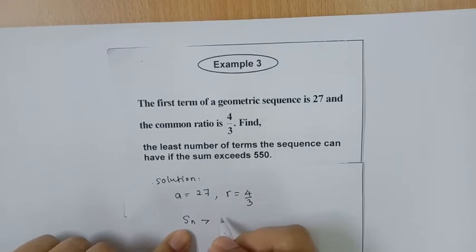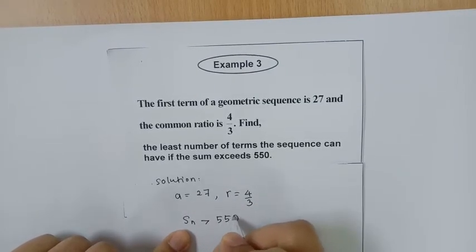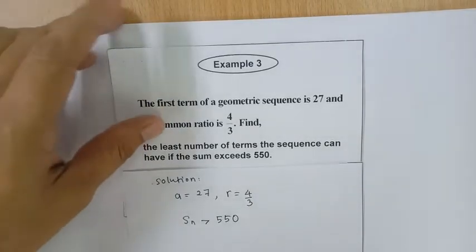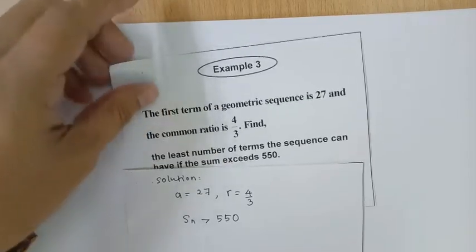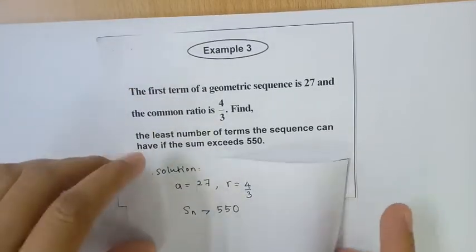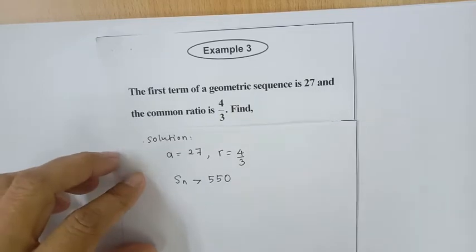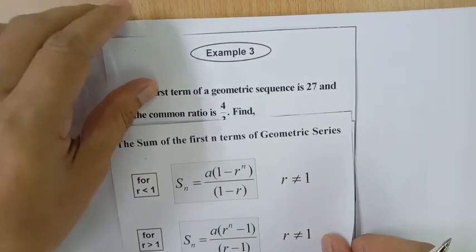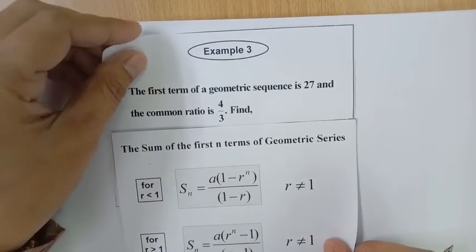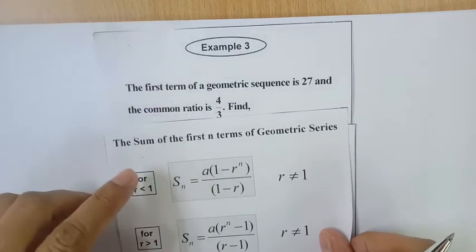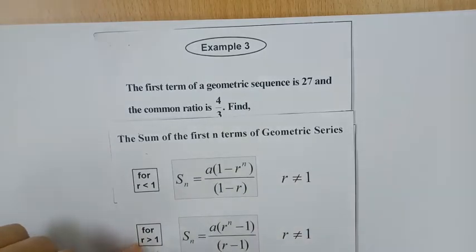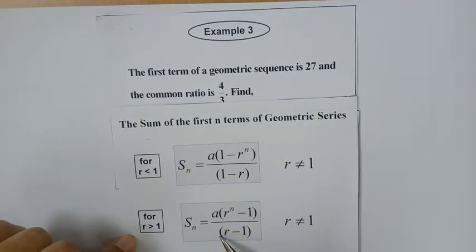So Sn more than 550. Then substitute into the Sn formula. There are two formulas for Sn. We know the common ratio is 4/3, r more than 1, so we choose the second formula, for r greater than 1.